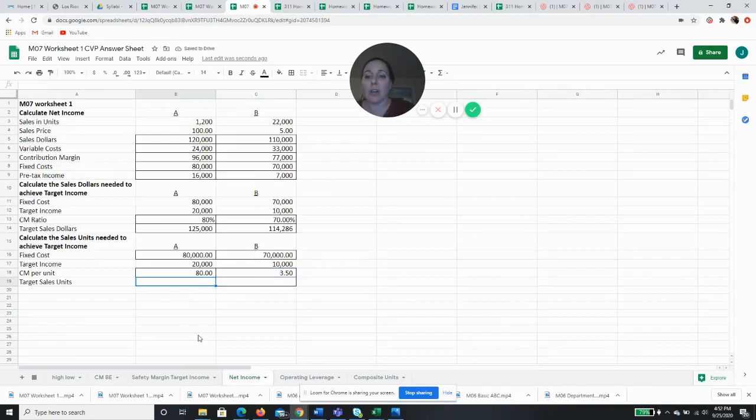So my target sales units is going to be, I'm going to add up my fixed costs of $80,000 plus my desired profit, or target income, of $20,000, and divide that whole thing by my contribution margin per unit of 80.